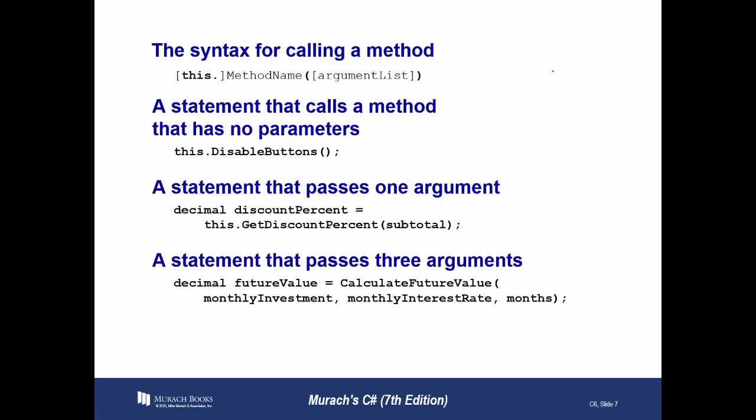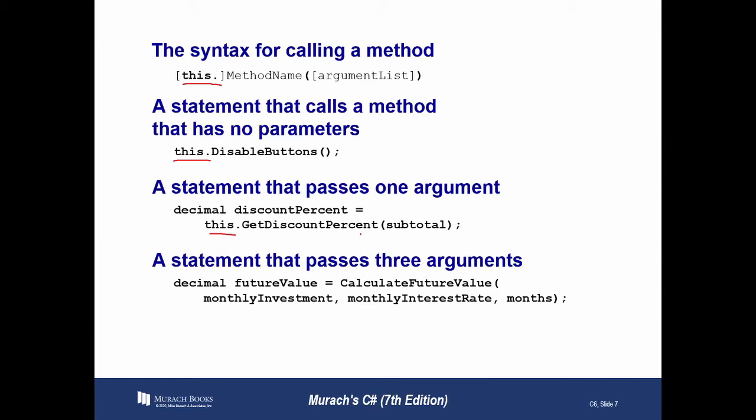If we want to call a method inside of an object, and I talked about this last time, if I want to call a method for the current object, this is where I'm using the keyword this. So we're saying this.DisableButton, this.GetDiscountPercent. You have to know when you're going to use this keyword.